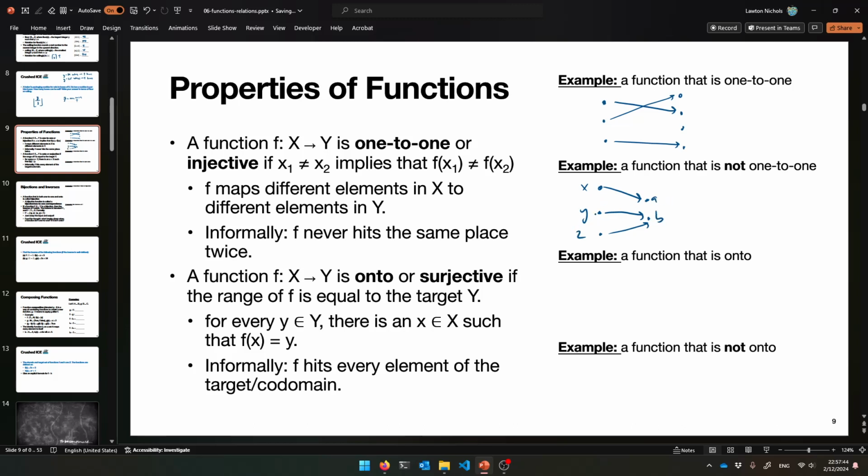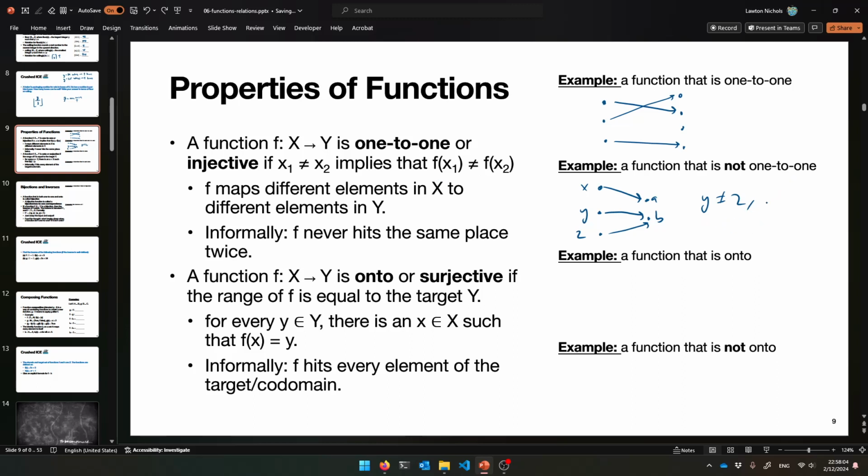So you see how the function on input y goes to b, and the function on input z also goes to b? So this is not one-to-one because this doesn't hold. We have that y is not equal to z, right? But we do have that the output is the same. It's not upholding the end of the bargain. It's not getting the conclusion right.